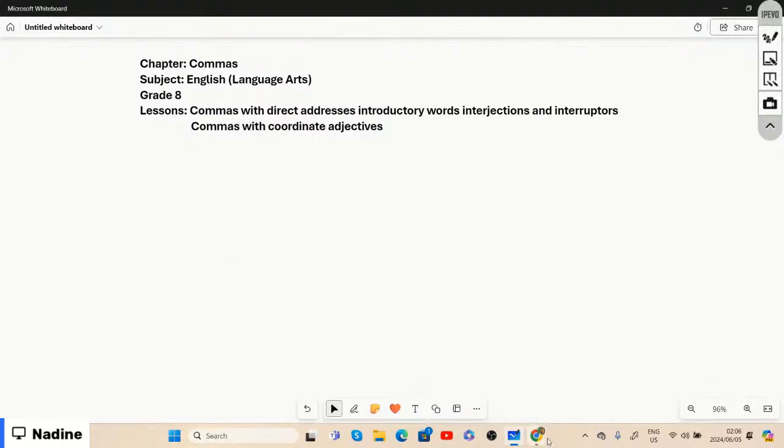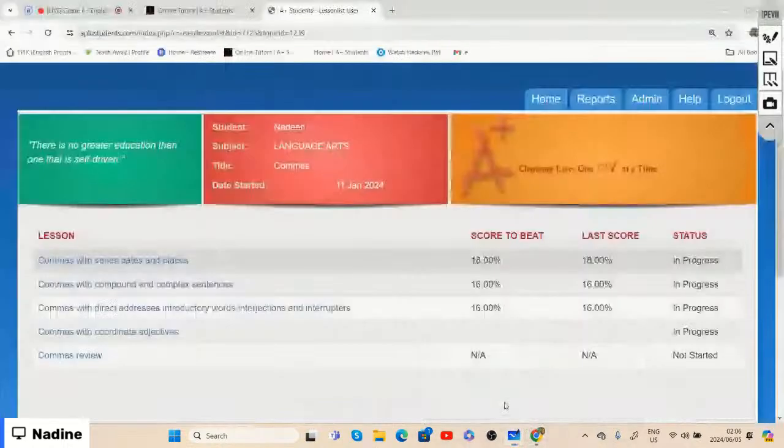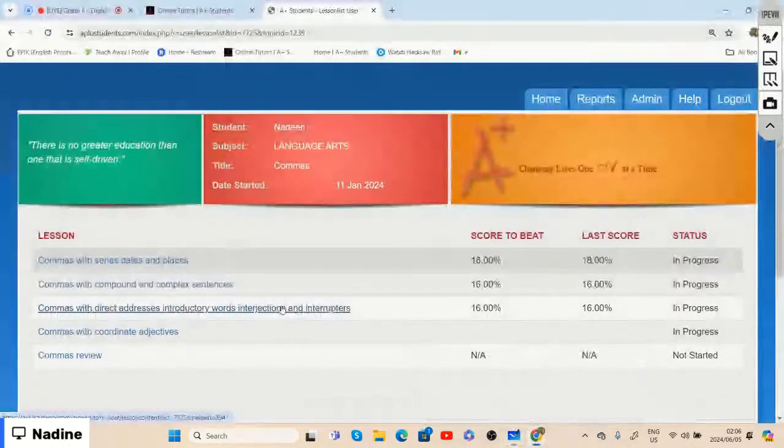All right. So this is a continuation of our previous lesson. In our previous lesson, we did commas with series, dates, and places. Series are, for example, where you have a list of certain things and you need to put a comma. Let's say you go to the shop with the grocery list and you're going to get apples, pears, bananas, and so on.